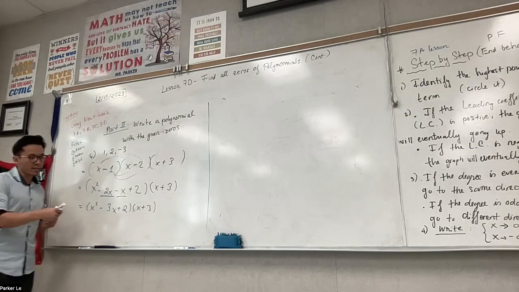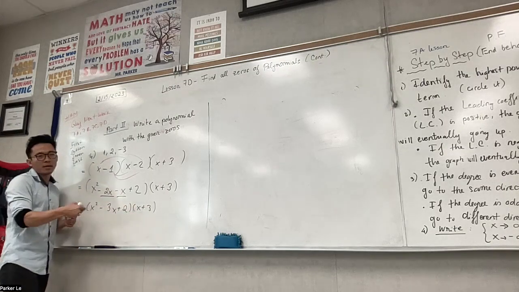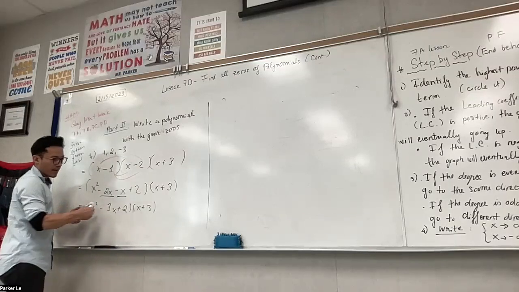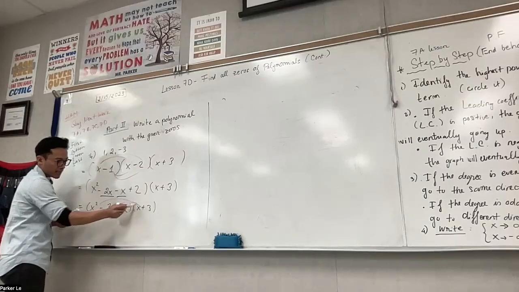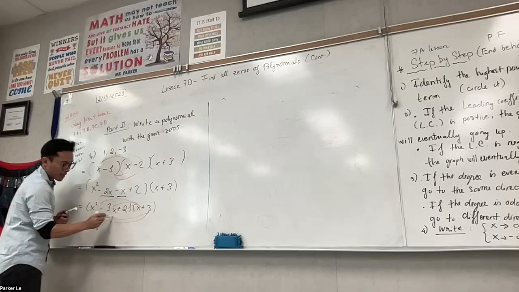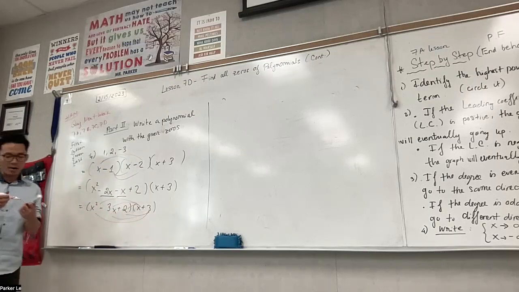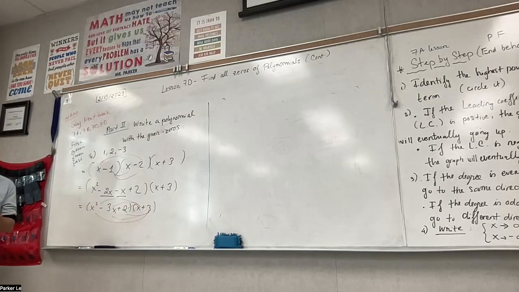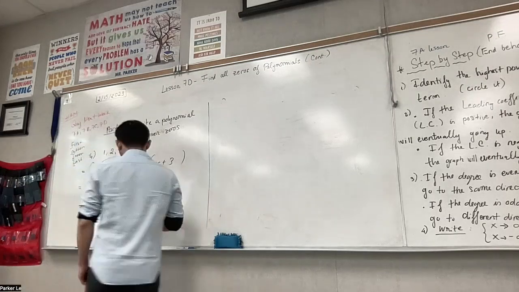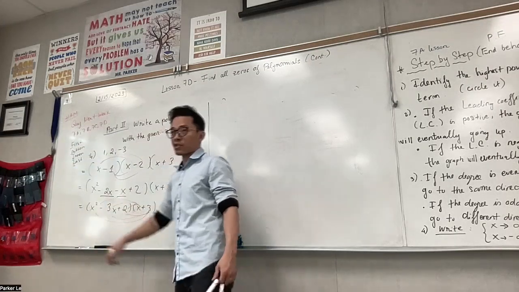But here, I like to do it from the back. It's going to be the same, but I like to do it from the back like this. So x times this, x times this, and x times this. 3 times this, 3 times this, 3 times this. Somehow I just think this is easier and faster for me. What is x times x squared?